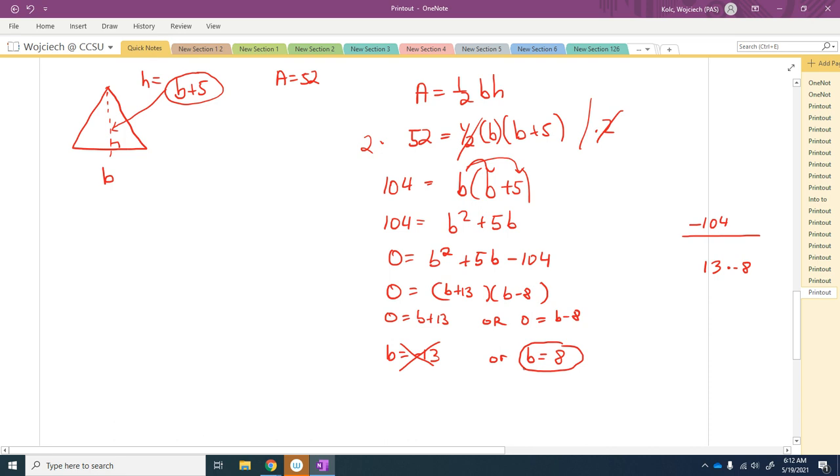The question was, find the base and find the height. So the base is equal to 8 centimeters, and the height was equal to 5 more than the base, which would be 5 plus 8, which is 13 centimeters.